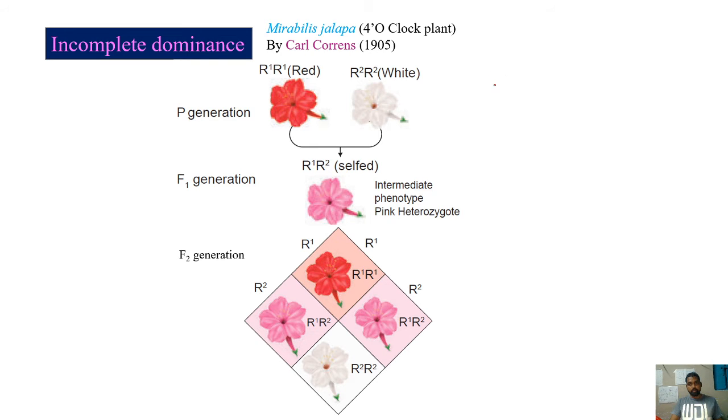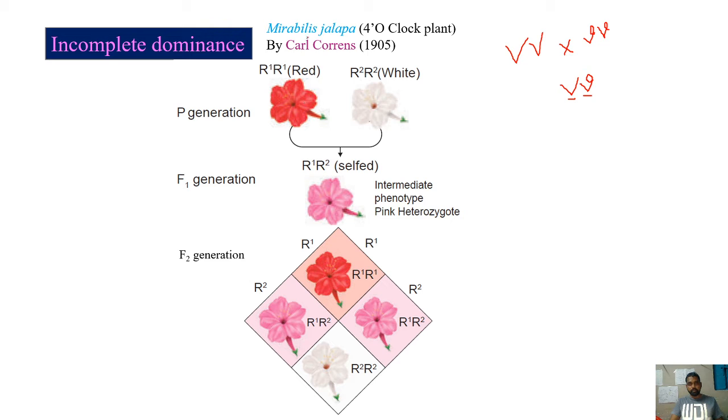In the case of garden pea, when a pure breeding violet colored plant is crossed with a pure breeding white colored plant, the plants in the F1 generation consisted only of violet flowers because violet is dominant over white.